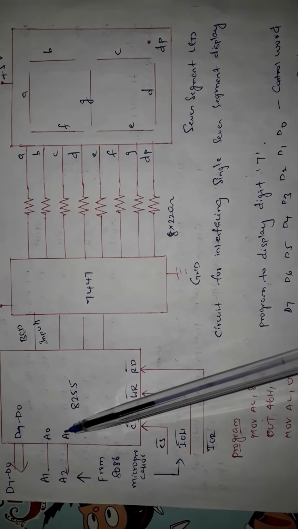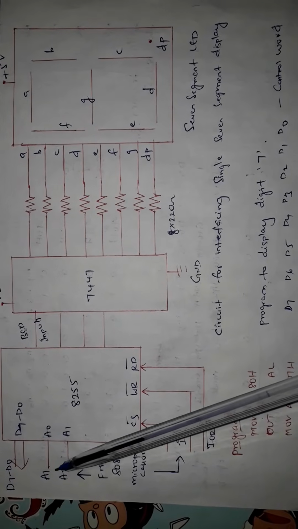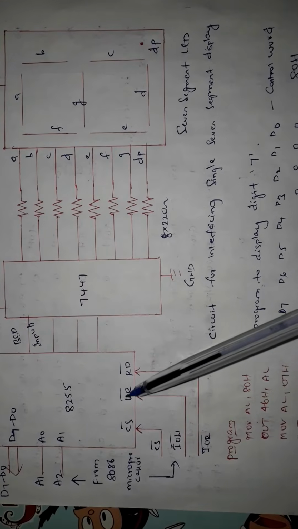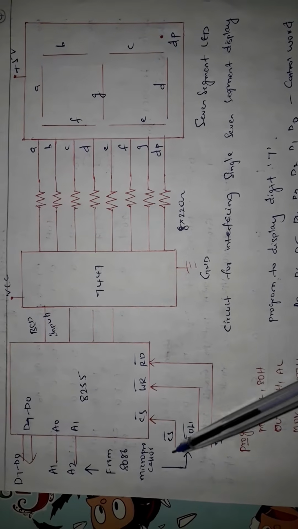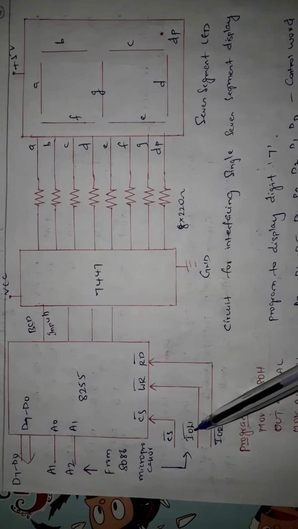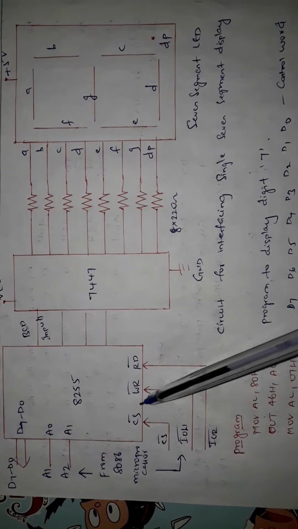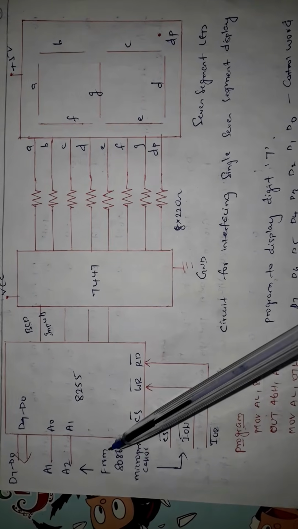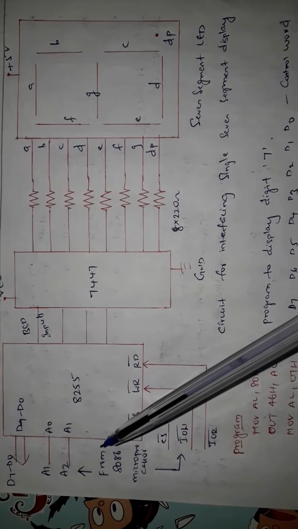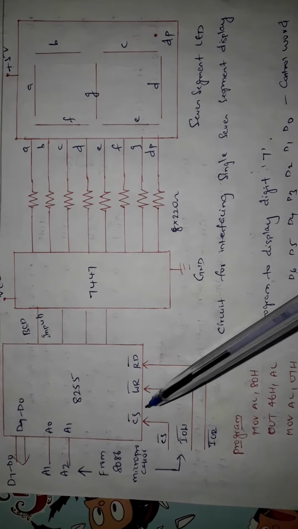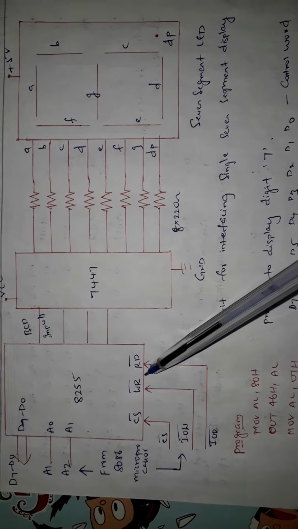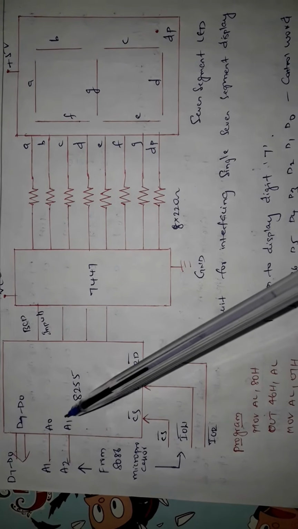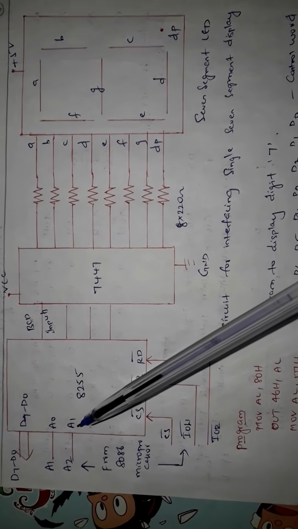A0 and A1 are connected to the address lines A1 and A2 of the processor. Similarly the chip select line and the write and read signals are also connected to the corresponding CS bar, IO write and IO read pins of the processor. We have already seen in the interfacing of switches and LEDs how to decode the control signals like CS bar, read or write, and also the address decoding for the 8255.